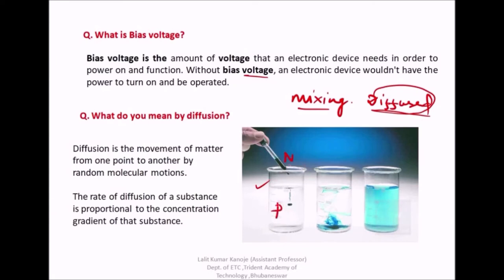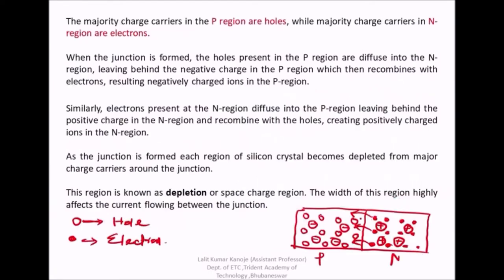When an n-type is connected with the p-type, electrons from n-type try to diffuse towards the p-type. In the same way, you can see here, the electrons from n-type try to diffuse towards the p side because they are connected, of course. Two dissimilar materials are connected, so the electrons from the n side try to diffuse towards the p side.